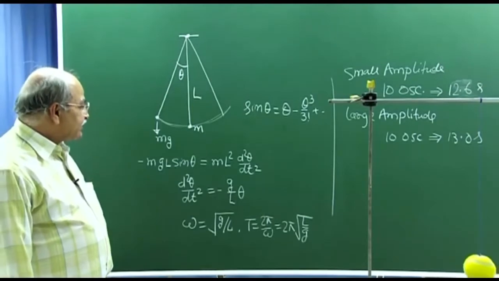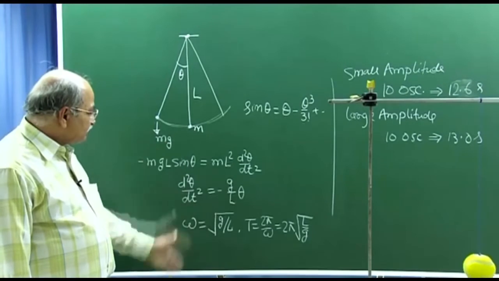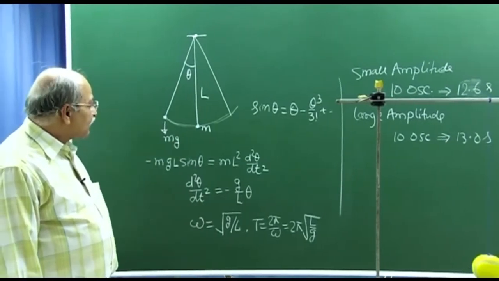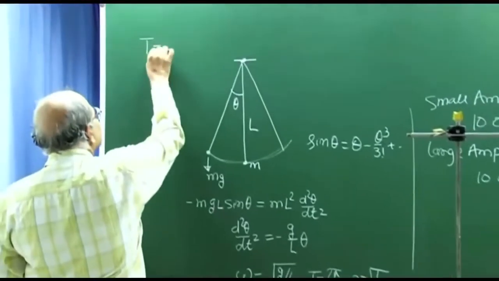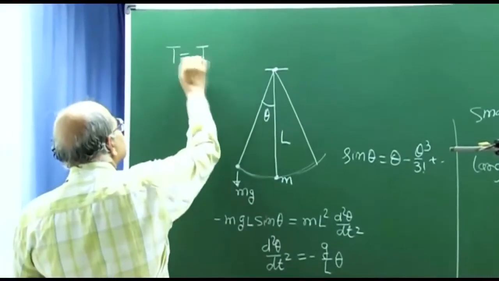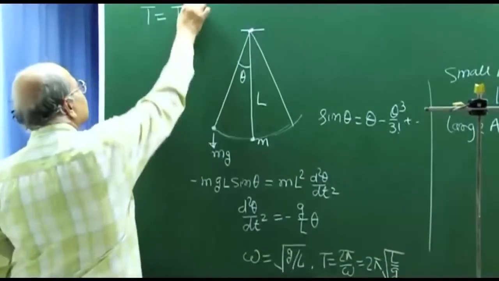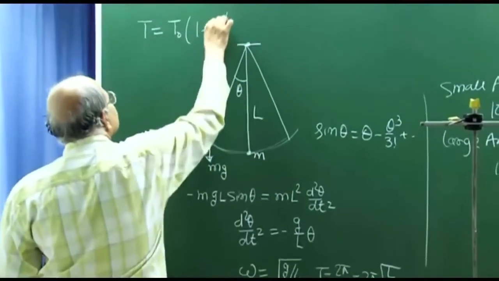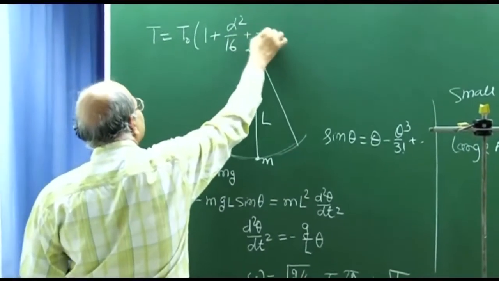And if you do this analysis, solve this differential equation, what you get is that the time period is something like T equals T naught times 1 plus alpha squared by 16, and then higher powers.